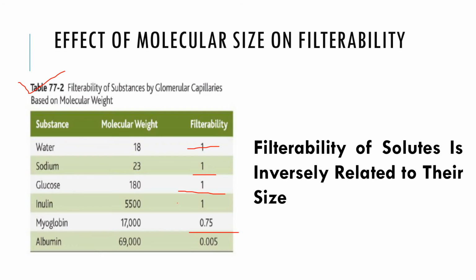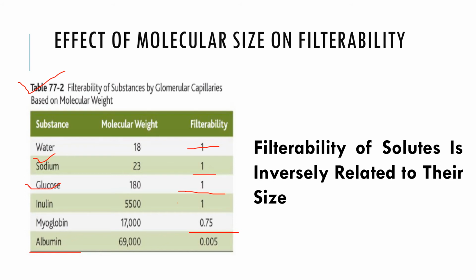Note that electrolytes such as sodium and small organic compounds such as glucose are very freely filtered. Now as the molecular weight of the molecule approaches albumin, you can see here the filterability rapidly decreases.